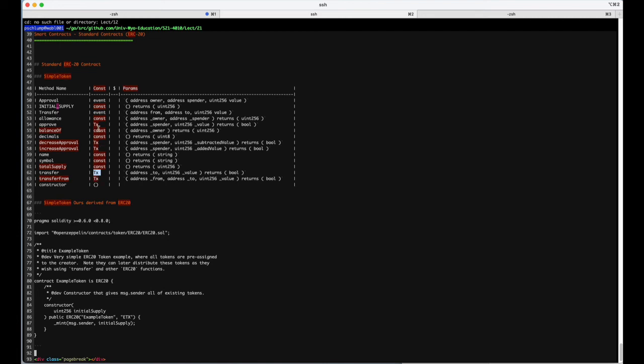So these ones that I've marked with TX, those require additional parameters. And those additional parameters is, yes, you have to spend some money. It has to come with an account and an address for that account. And when you get done, you've changed the state of the entire Ethereum network.